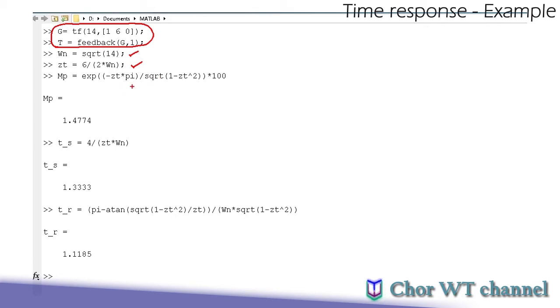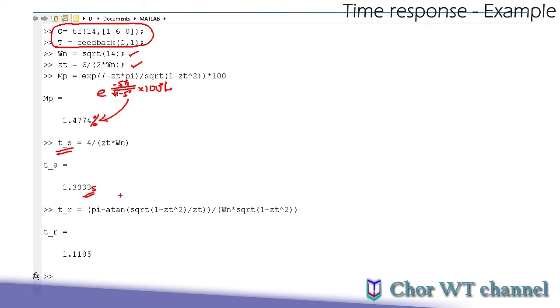Here we apply the formula exponential negative zeta pi divided by square root of 1 minus zeta squared, multiplied by 100%, and I get my maximum overshoot to be about 1.48%. Next, this is the approximation to calculate the settling time, which is 4 over zeta omega n, and this settling time equals 1.3333 seconds.